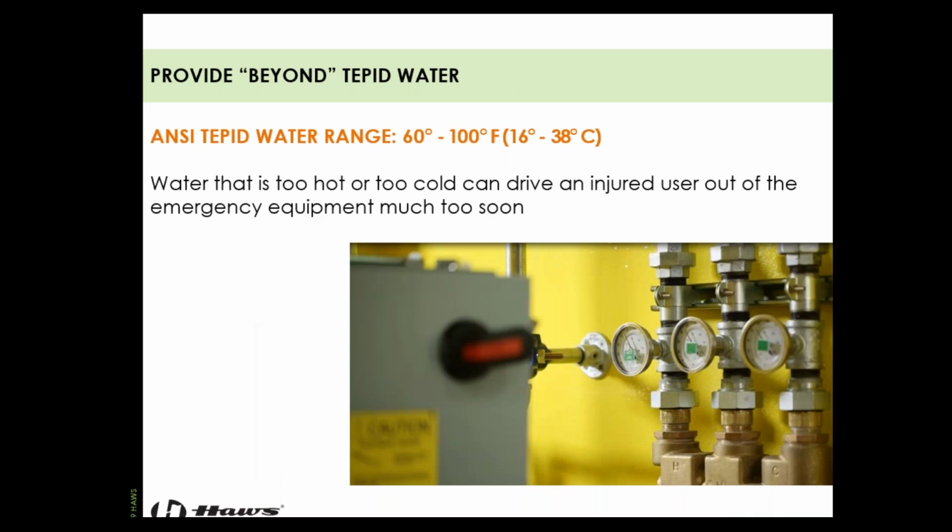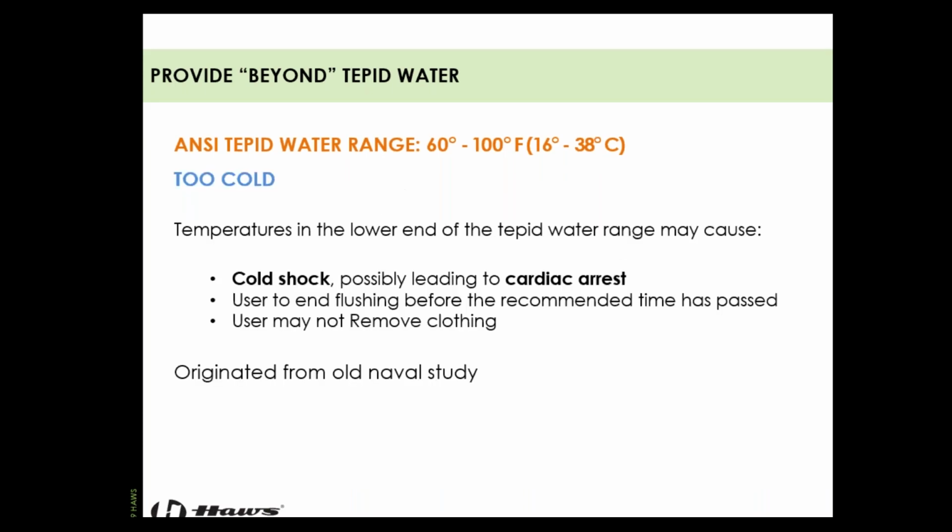We very frequently see people misuse certain types of equipment, like an eyewash only for a forklift charging station, where the hazard is corrosive battery acid. So a combination, for instance, would be more appropriate. Tepid water, remember 60 to 100 degrees. Otherwise, they might be driven out too early. If it's too cold, we risk hypothermia, cold shock, cardiac arrest, and things like that.